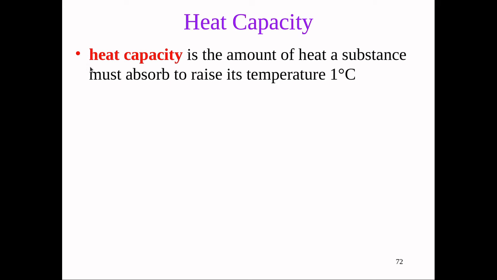If you put glass into the oven, it's going to take longer for that to heat up than a metal container. So there's something intrinsic to the material that changes the amount of heat you have to add to raise its temperature. Some things want to raise their temperature very readily. Some things resist it. The units of heat capacity are going to be calories per degree of some sort. Okay, so the energy we're putting in per the temperature rise. All right.